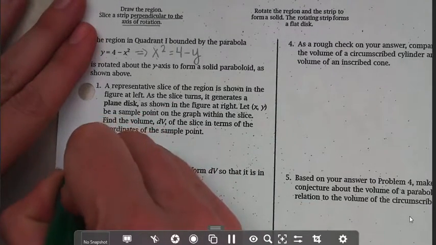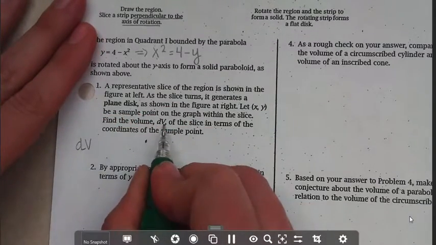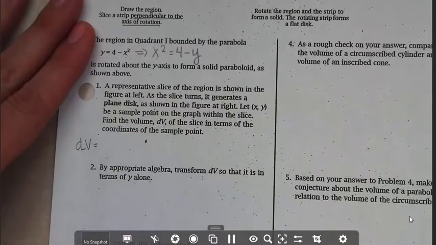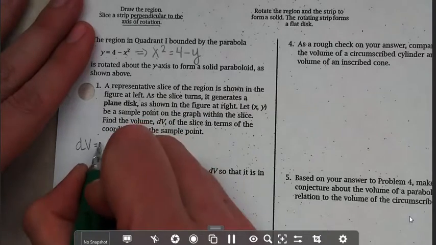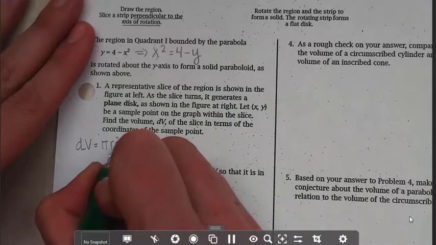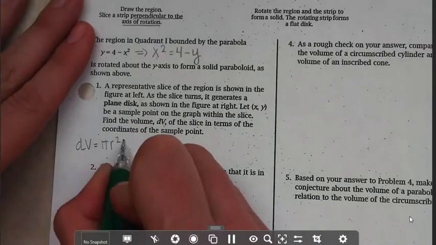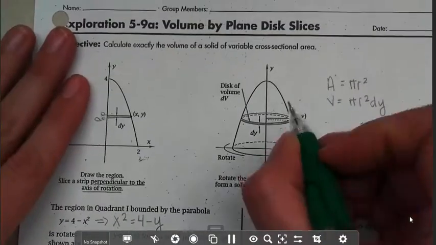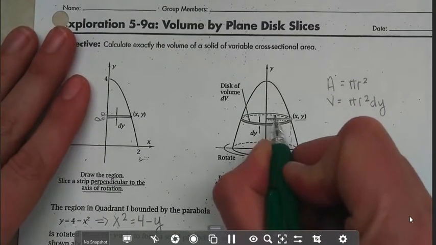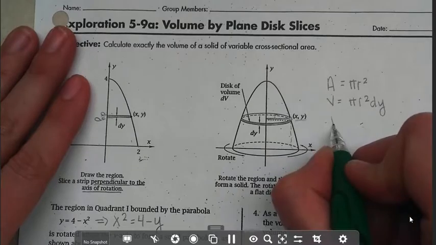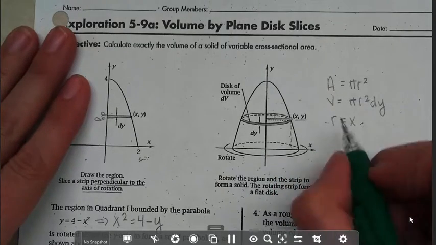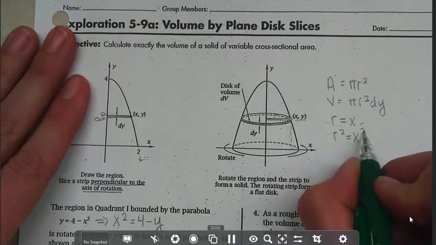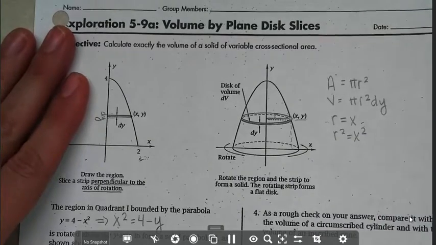Really, dV, because we want the volume dV, so we can make this a differential and then take the integral of it, is going to be pi r squared times the width, or the thickness. And again, your radius here is going to be x, which really means that radius squared is going to be x squared, in case you're not following that.